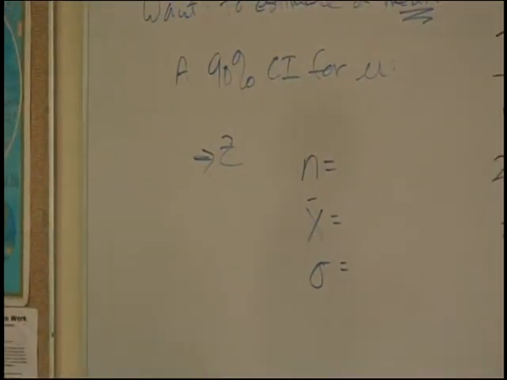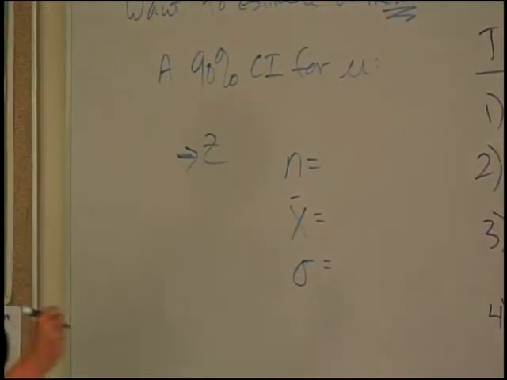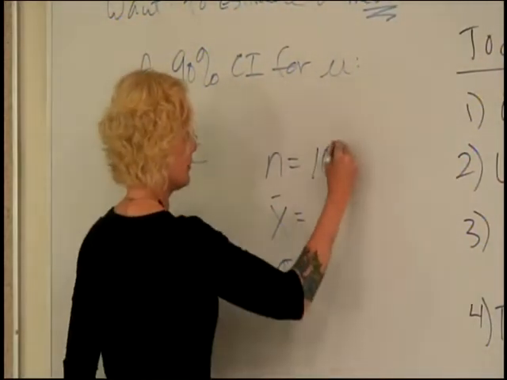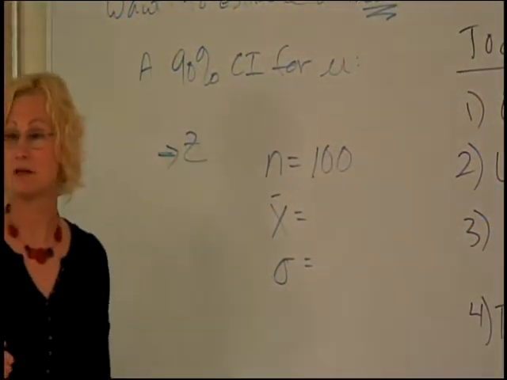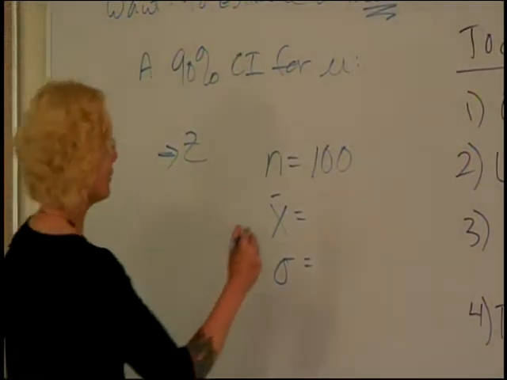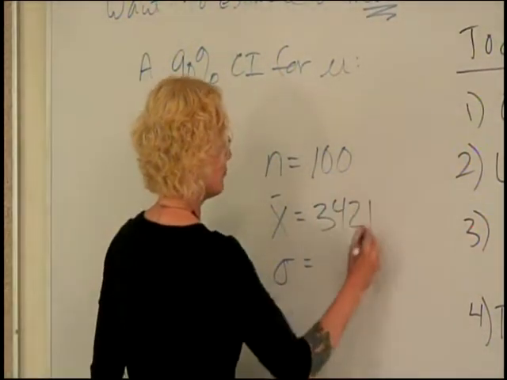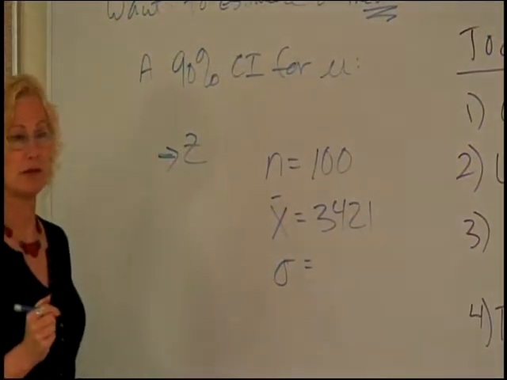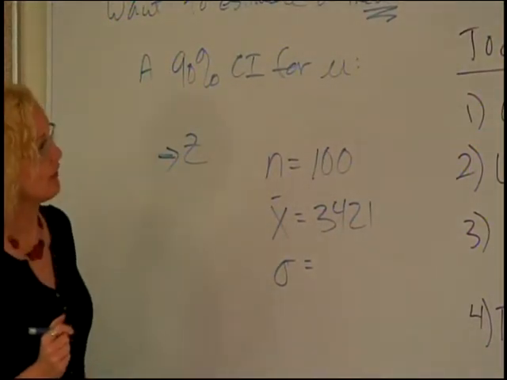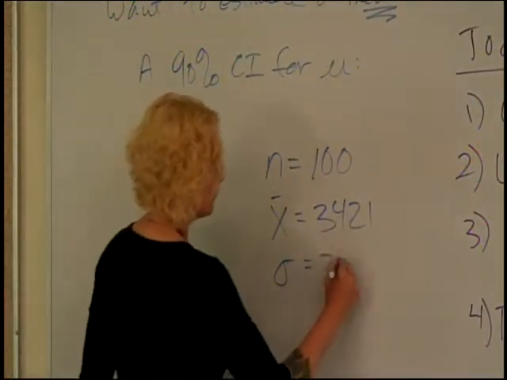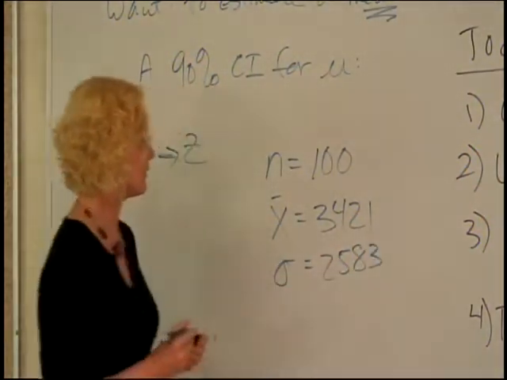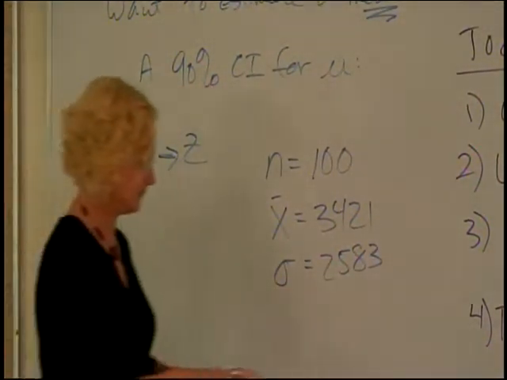What are those numbers? 100 is the sample size. Good. What do we have for sample mean? 34.21. Perfect. And our sigma is 2583. Perfect. Let's do it.